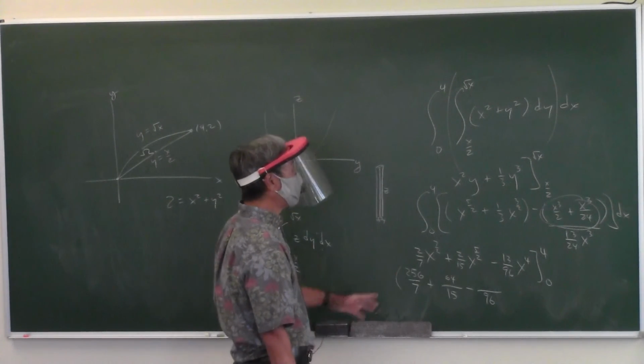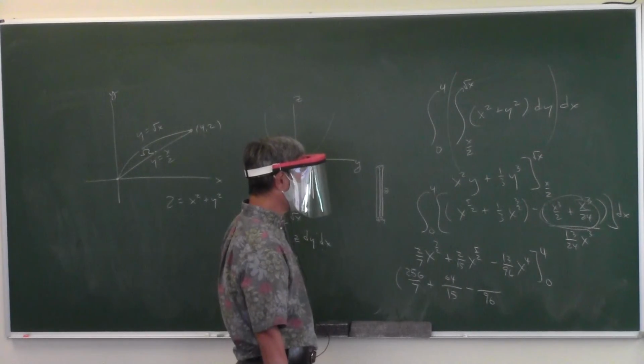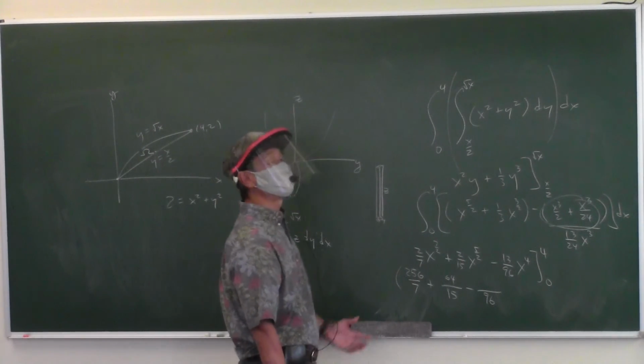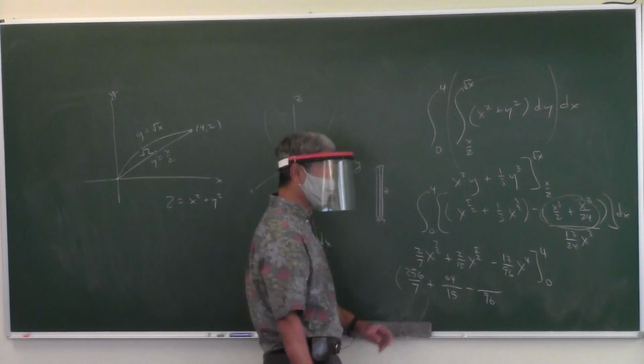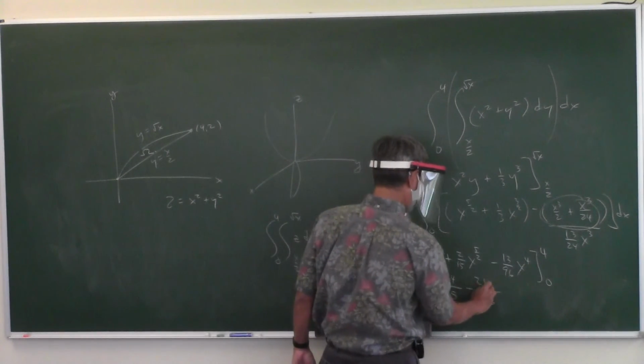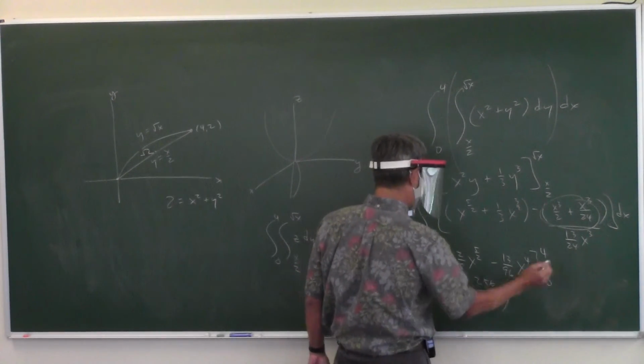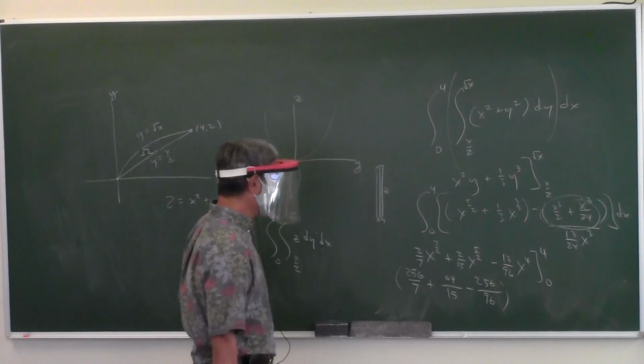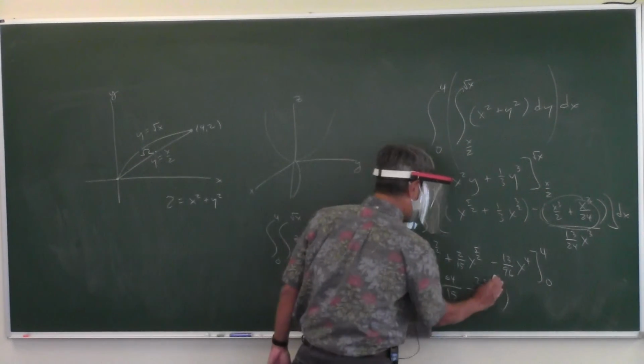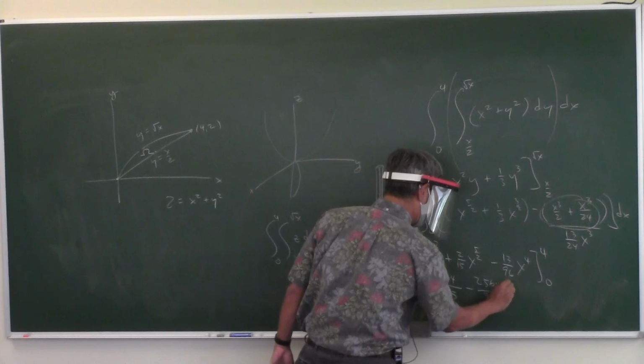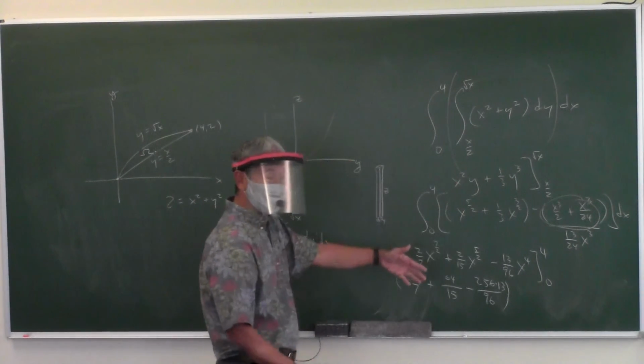No, I can't. Then plug in the 4: just square it twice. 256 times 13, minus 0 plus 0. And then of course you simplify it.